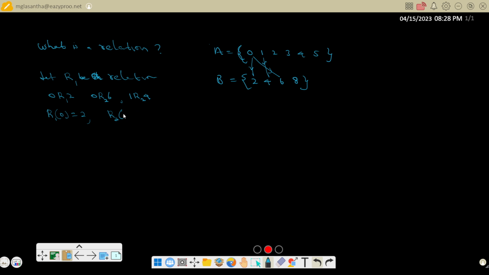Here 0 is related to 6 also, and 1 is related to 4 also. So you can represent this relation in different ways: 0, 2, 0, 6, 1, 4. Same relation.